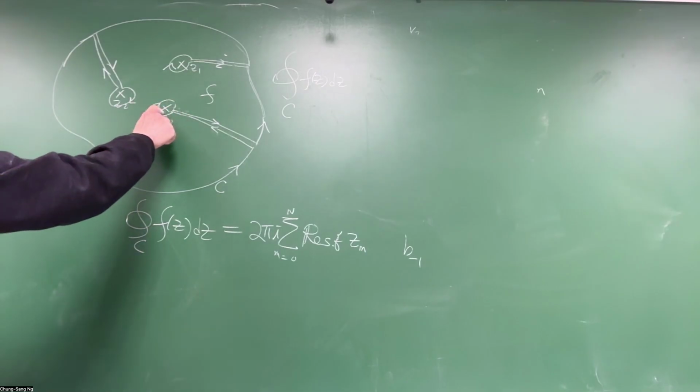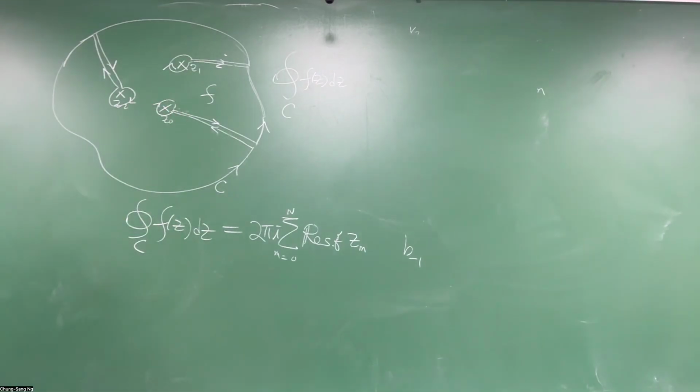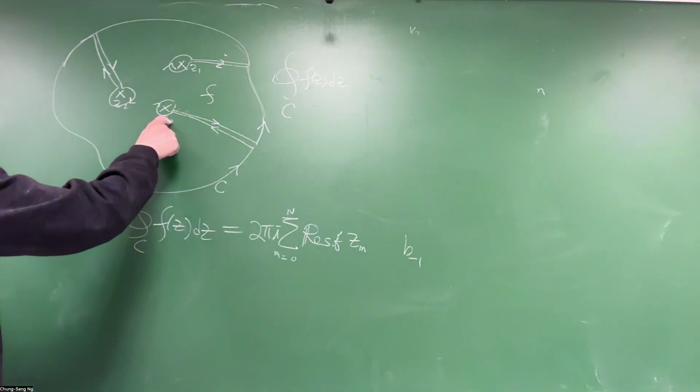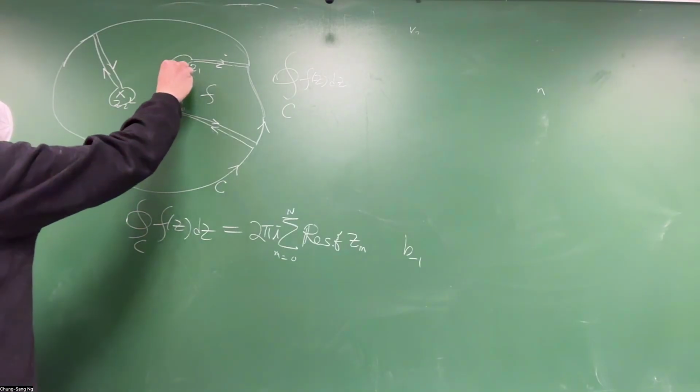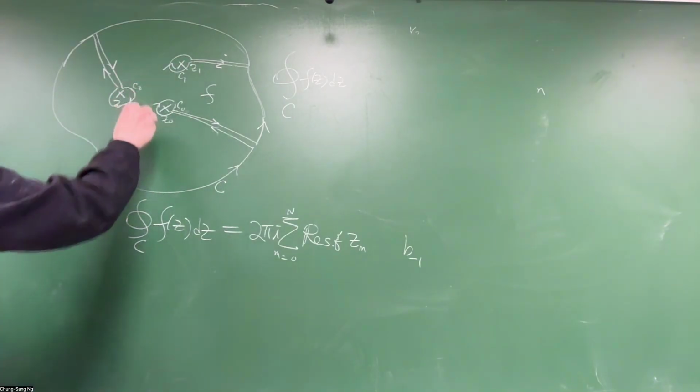And these little circles are very close to the singularities. So they are all loop integrations, say little circles C sub 0, C sub 1, C sub 2.